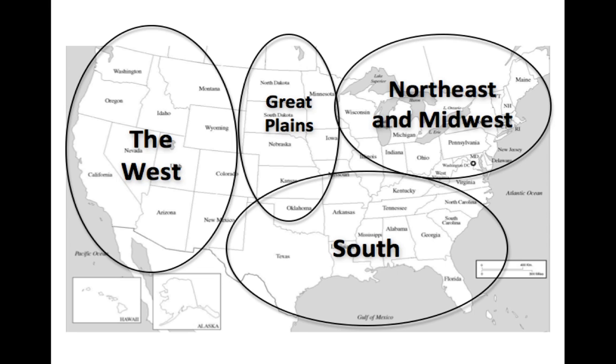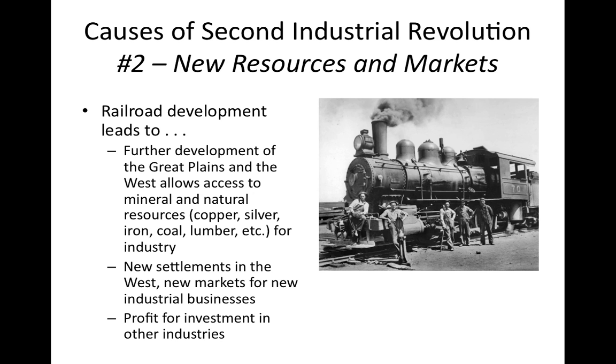And sure, there was some of that, but focusing on that very often belies the reality, which was that the West was very much integrated with the Northeast and the Midwest. The western part of the country, in fact, was one of the major fuels, if you will, of industrialization during this time period. Without the vast resources of the West, you're unlikely to have gotten this level of industrialization that happens after the Civil War. So that's a thing I wanted to talk about.